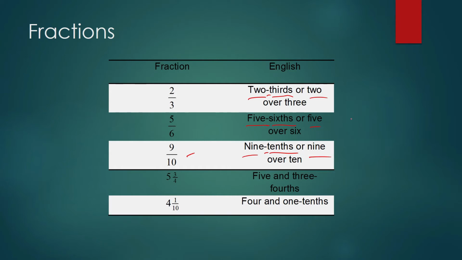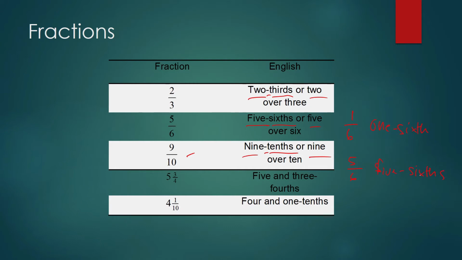So when you have something like 1/6, you read it as one-sixth. When you have something like 5/6, that is 5 hyphen and then sixths.